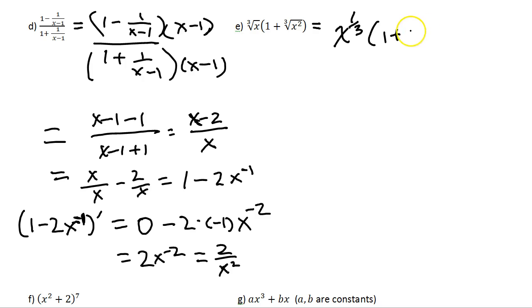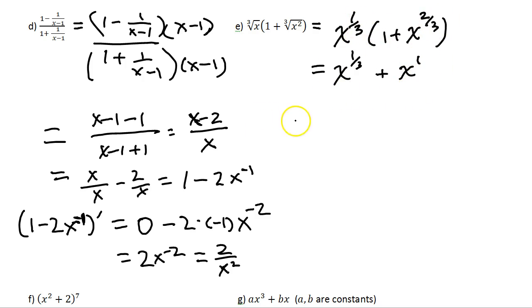Okay, this one, again, you can choose to just differentiate as it is, but it's probably better to simplify before you differentiate. So radicals can be translated as fractional powers. So cube root of x squared is x to 2/3 power, and this is x to 1/3 plus 1/3 plus 2/3, that's 1.